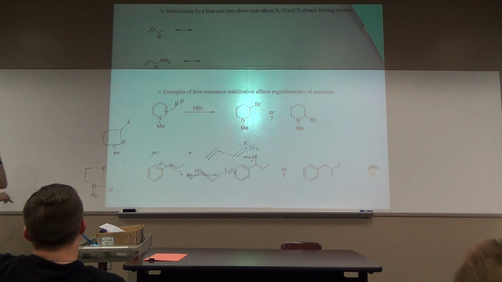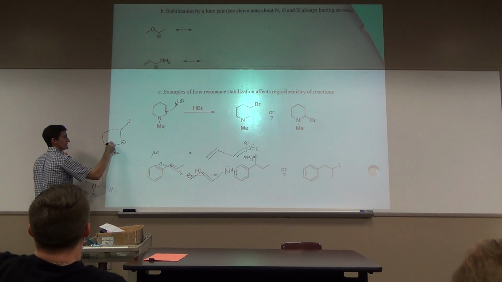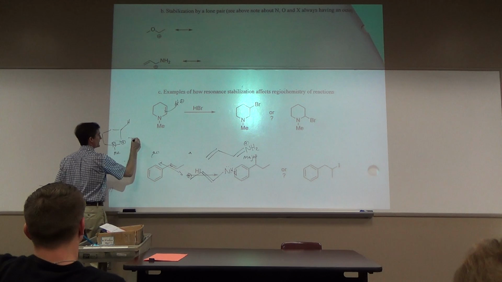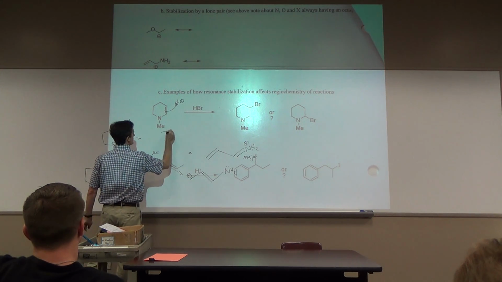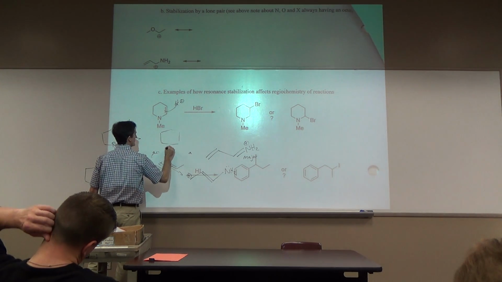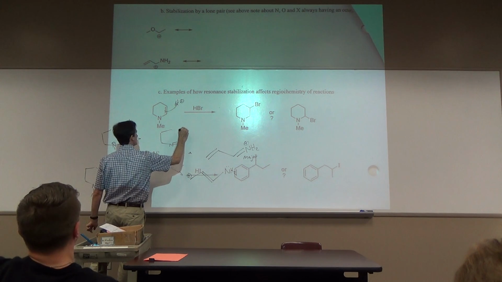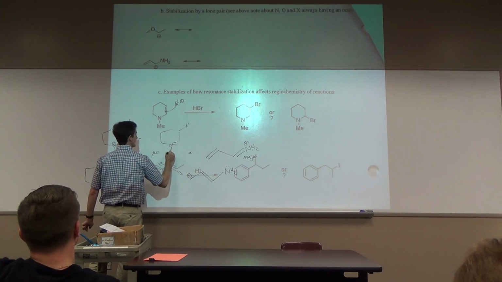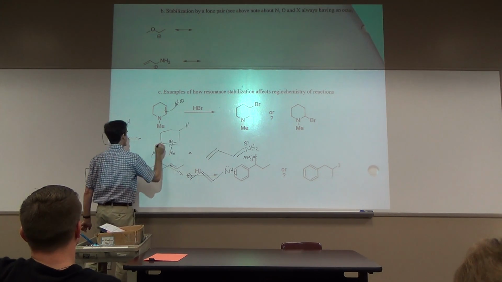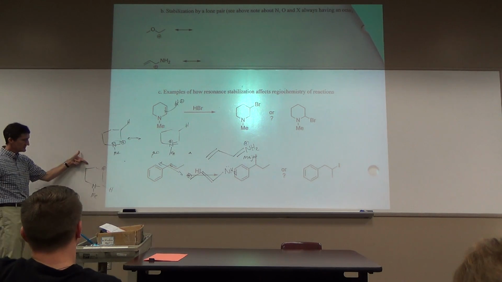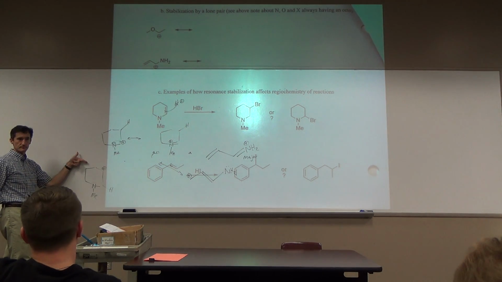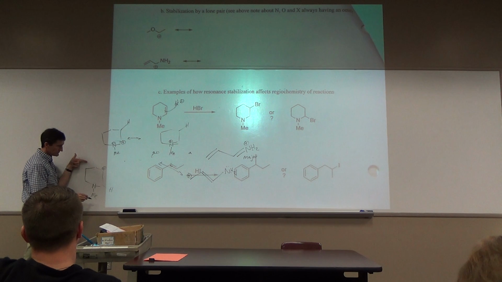The top one. Why? The resonance between them. Because we can do resonance. Double bond there, new H up there, methyl, and there. Do you have any resonance here? No. No p orbital.